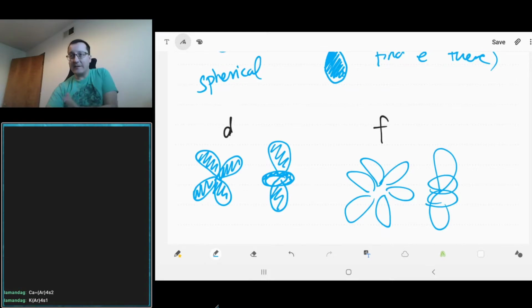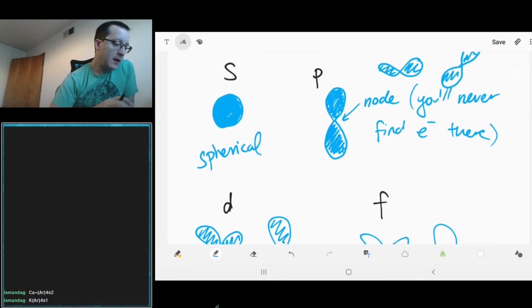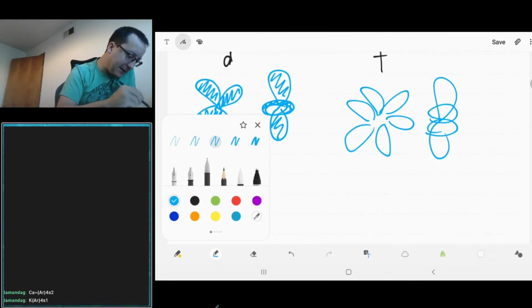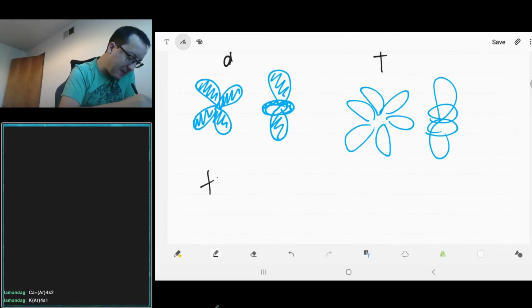I'm not really going to ask you questions on these, but I did want you to understand what these kind of look like. It's just mathematical representations of the probability of where the electrons are going around the nucleus. Okay, cool. So that out of the way, let's talk about some trends now.